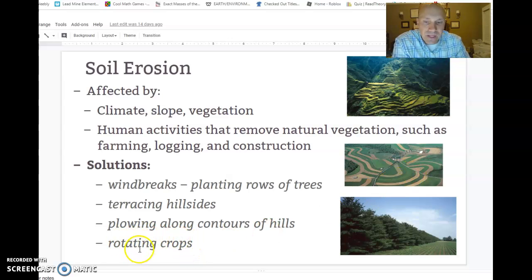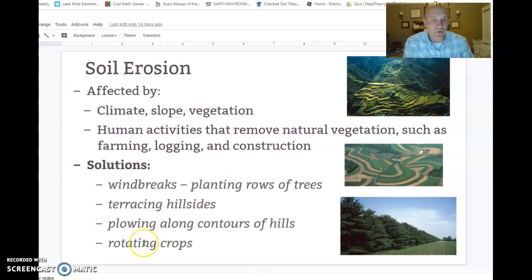All right, and the last thing is what's called rotating of crops, and that means whenever you have a field, you don't necessarily plant the same plant in the same place year after year. When you see rotating, it sounds like you're turning it upside down. What it means is that you just plant different plants there at different times.